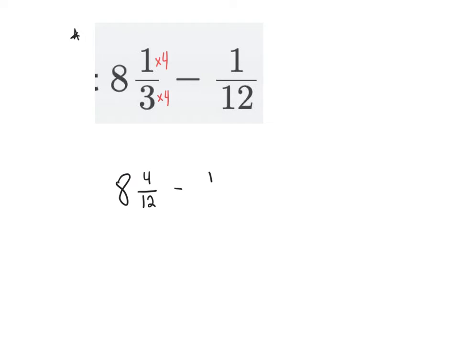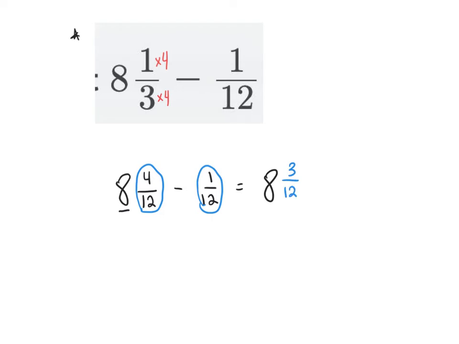And my second one I don't need to change. Now I can go ahead and subtract. When we subtract here, I don't have any whole numbers, so I have 8. And then I'm just going to subtract my fractions. 4 twelfths minus 1 twelfth gives me 3 twelfths.